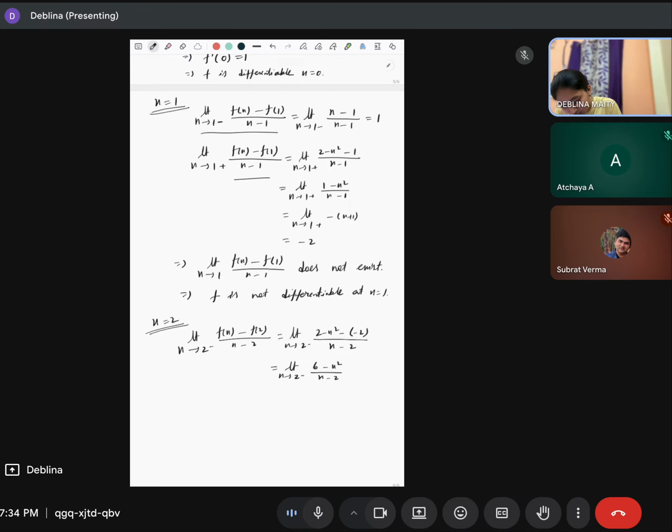Oh, sorry, it is 4 in the numerator. So this will be minus of (x plus 2), right? So this will be minus 4.